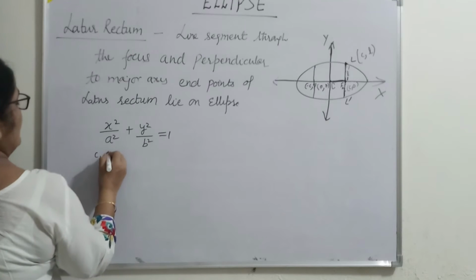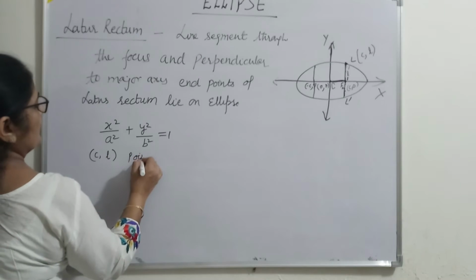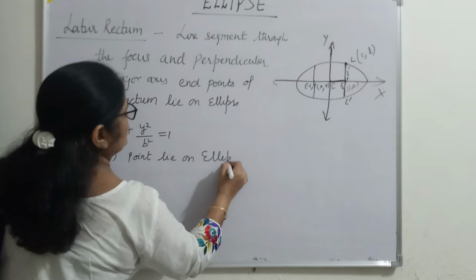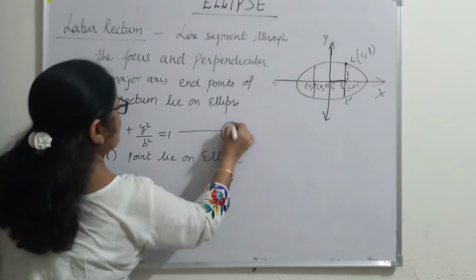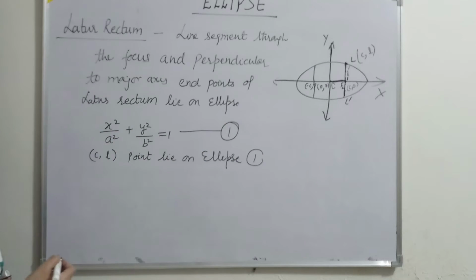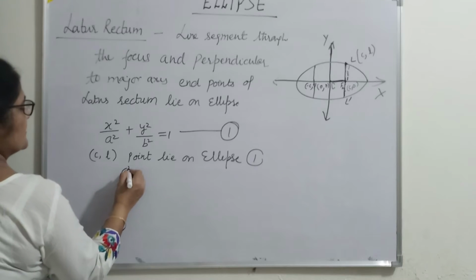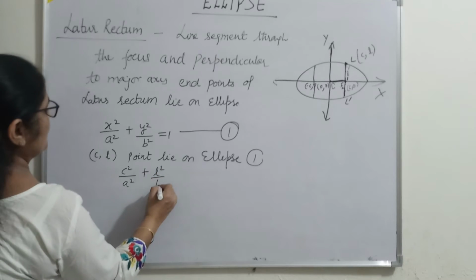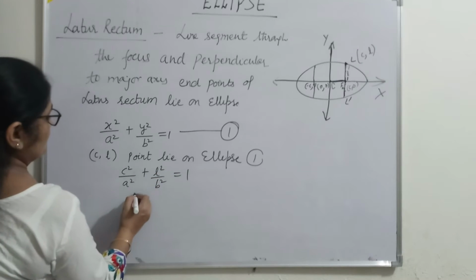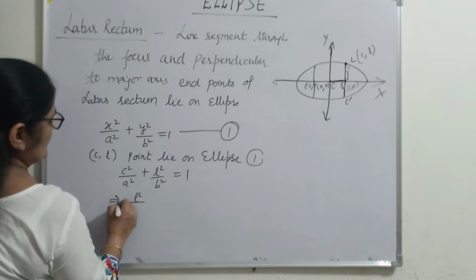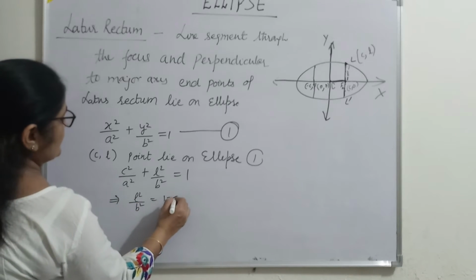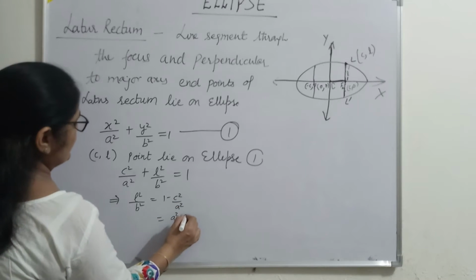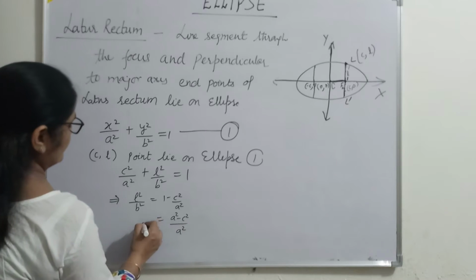Now the point c, l lies on the ellipse. The equation of the ellipse is given, so the coordinates must satisfy it. So c square upon a square plus l square upon b square is equal to 1. So l square upon b square is 1 minus c square upon a square, or you can say a square minus c square upon a square.